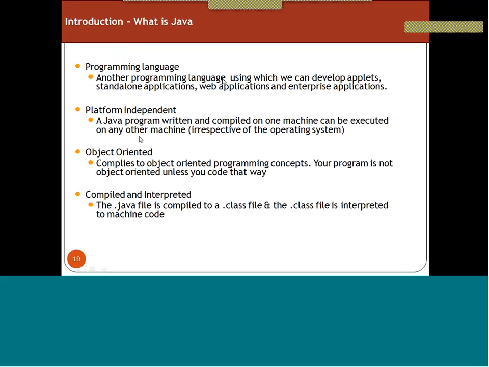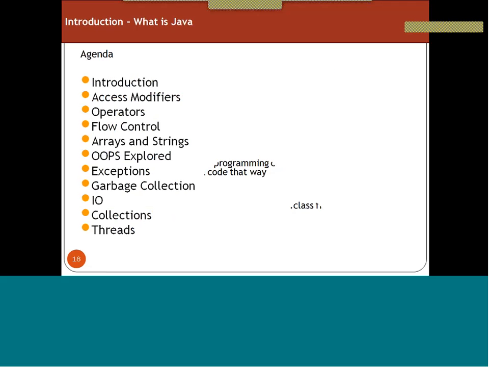It is platform independent, like we discussed earlier. It is object oriented. It is compiled and interpreted. The .java file is compiled into the .class file, and the class file is interpreted to machine code. That is nothing but the bytecode in our case.